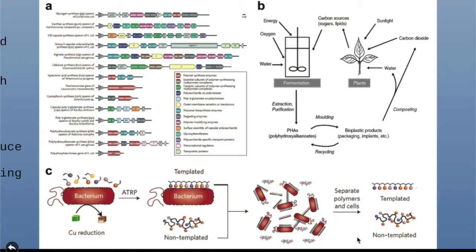And then when they are separated from the polymer and cells, we have the patterned or templated polymers and non-template. It is useful for creating a pattern or templating polymers based on microorganisms.